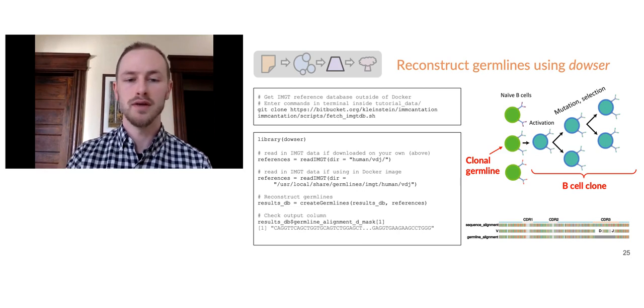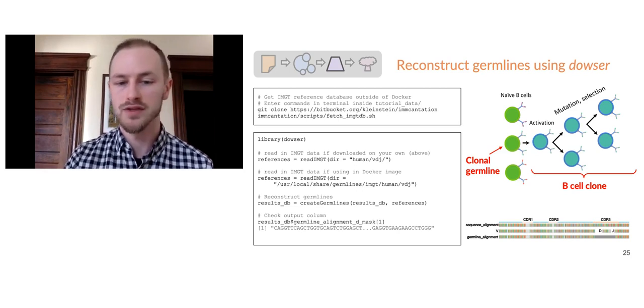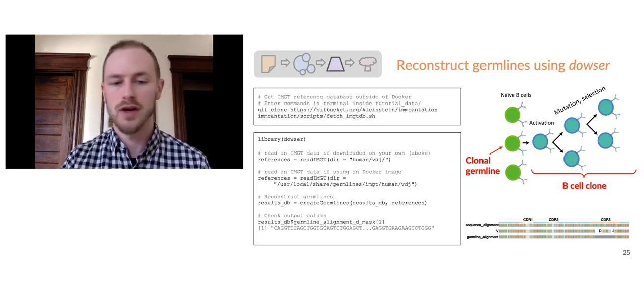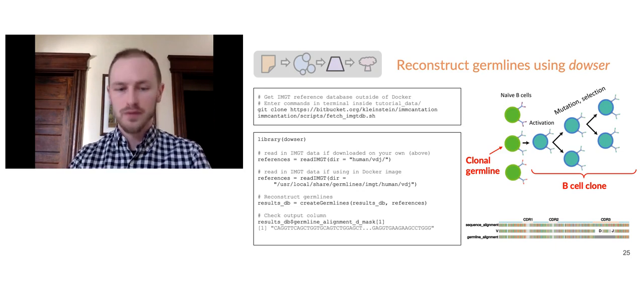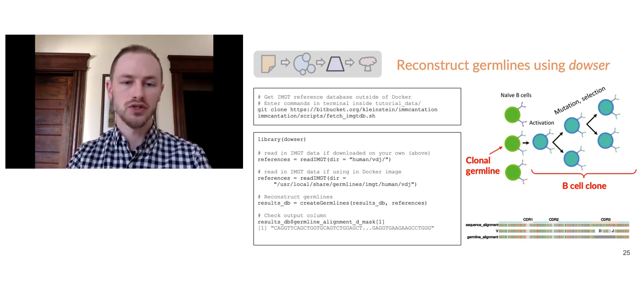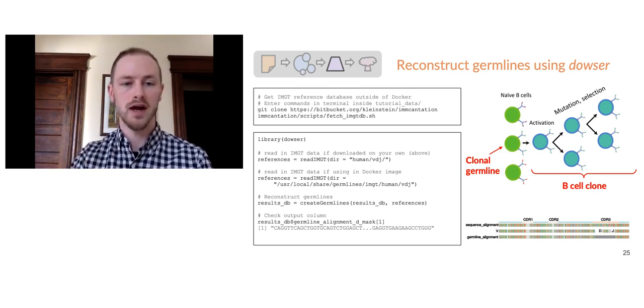The location of the database, if you are using the Docker container, is this, /usr/local/share/germlines. So depending on which way you're following along, just input either of these options. And this will create a list of all of the relevant IMGT reference sequences.